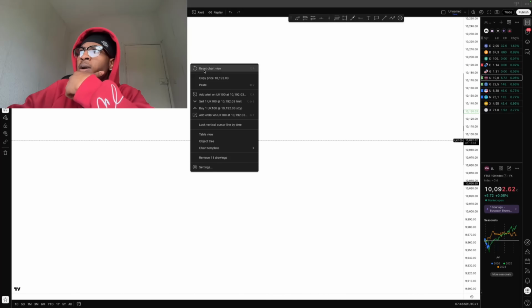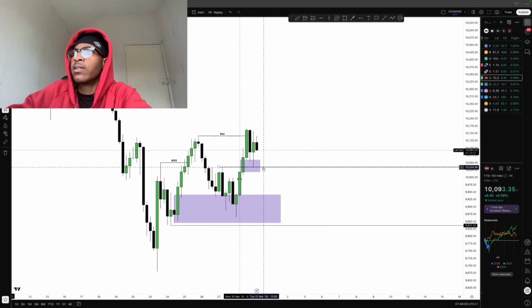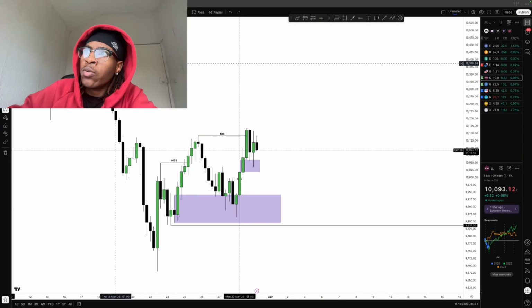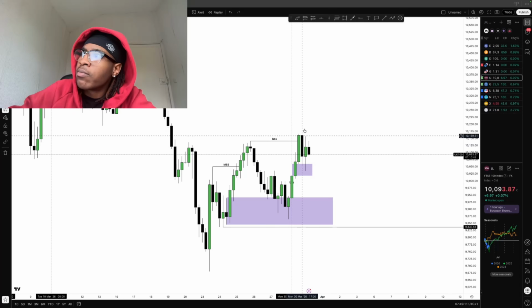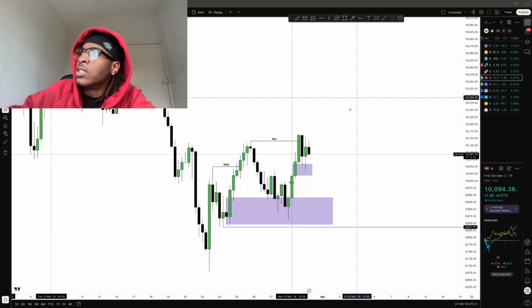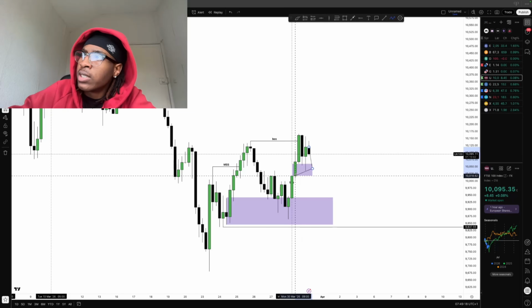Okay, let me tell you what I'm looking at for today. So knowing this context, right? Knowing that the break of structure occurred, the 4-hour candle closed, I believe that price obviously needed to retrace back down, which it did. It retraced into this fair value gap here, and now price bounced off it up here.